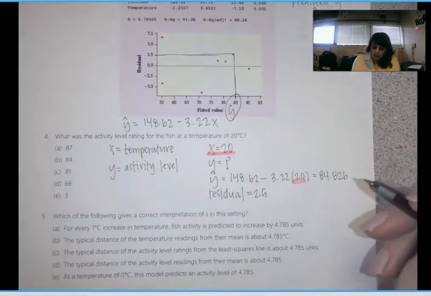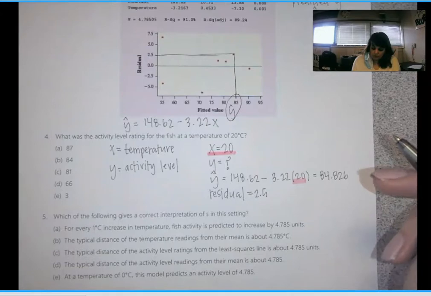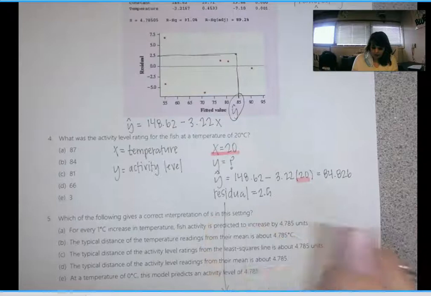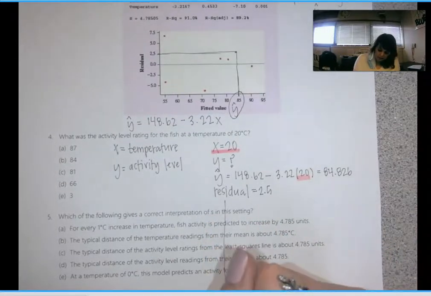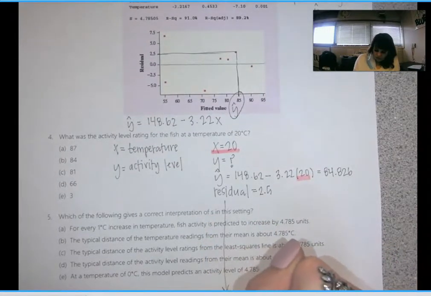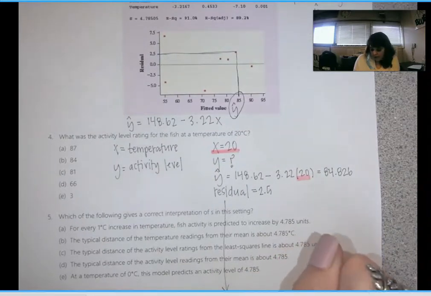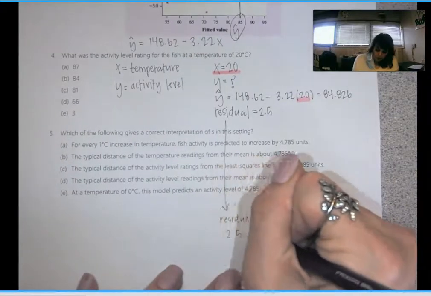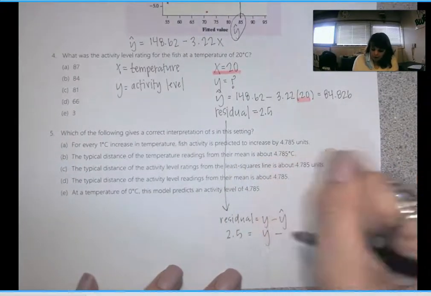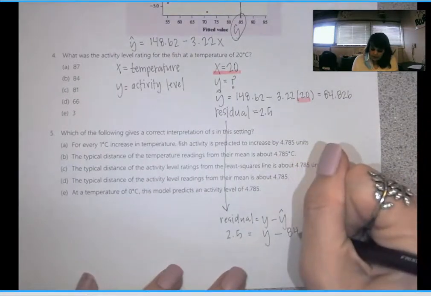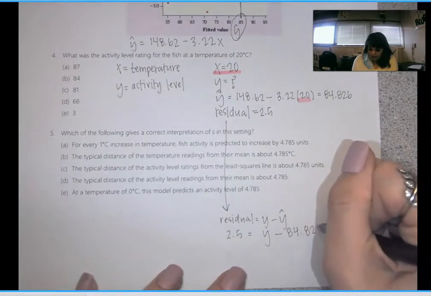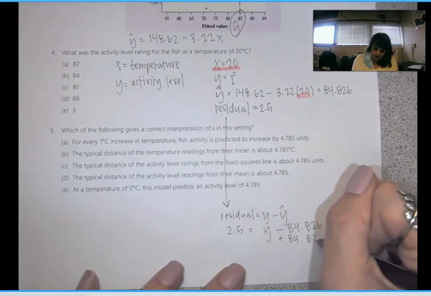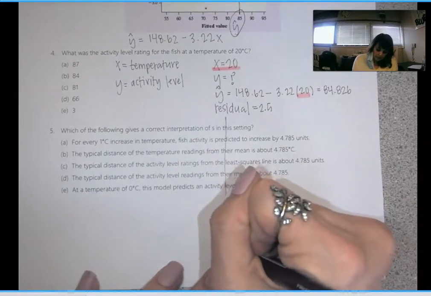Okay, now we can use the formula. So I'm going to do that down here. We get residual is y subtract y hat. So 2.5 is equal to y subtract 84.826. To solve this, you would add 84.826 to both sides.